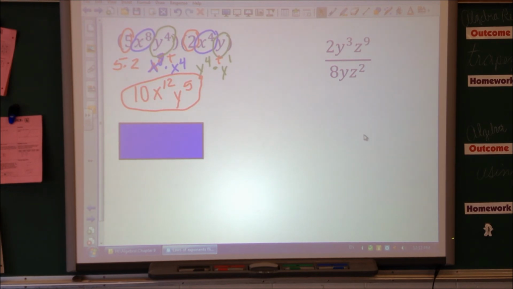This one is a division one. So I'm going to look at the same things again. I'm going to look at my numbers first. So this is 2 divided by 8. This one is y to the 3 divided by y.